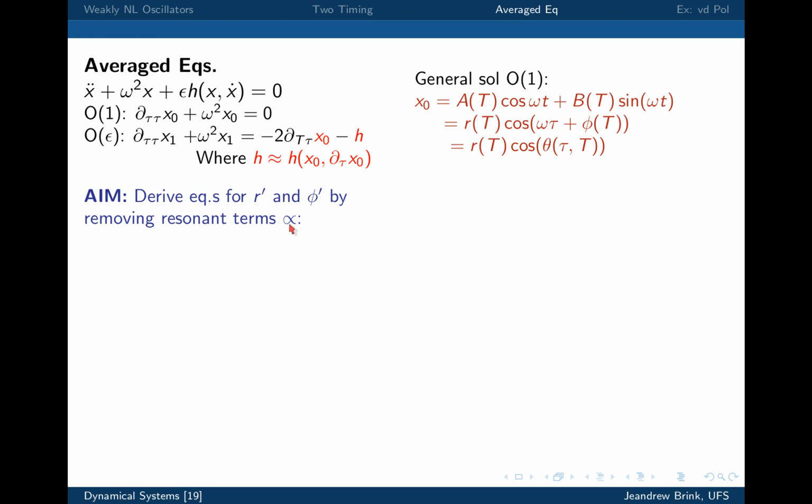That basically means the resonant terms are all the terms that are proportional to cos of omega tau plus phi. In other words, the resonant terms are all the terms that have the same frequency as the natural frequency of this oscillator of x1. So we want to get rid of terms proportional to cos of omega tau plus phi and sine of omega tau plus phi, and it only is up to order epsilon.